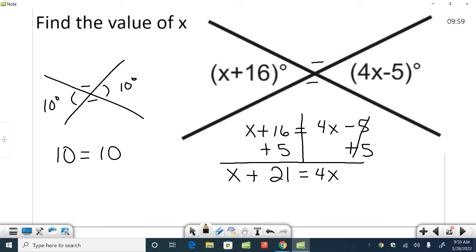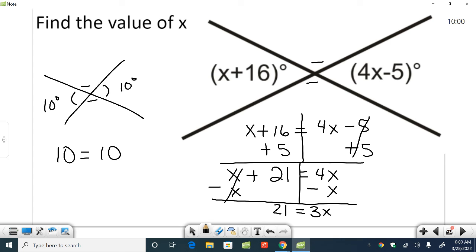So now I've got to take this x and subtract the x from both sides, and those two cancel out. 1x minus 1x is 0. What's left here is 21. 4 minus 1 is what? 3. Does everybody see where I got that?